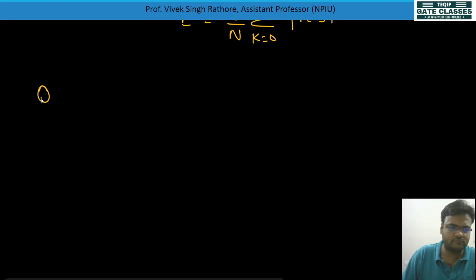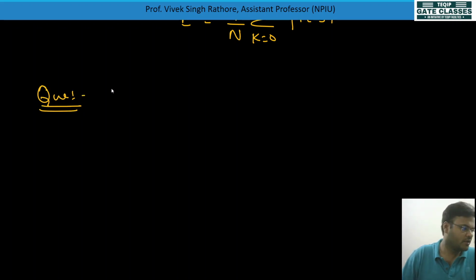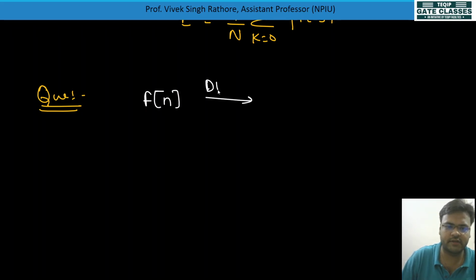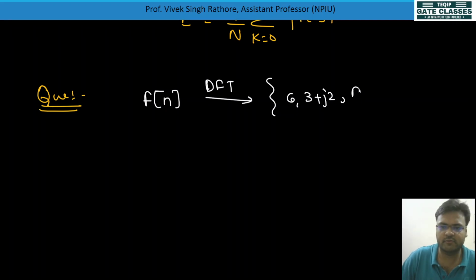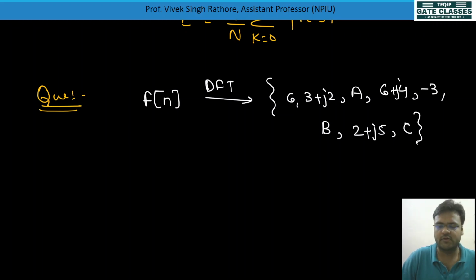See, let's suppose f of n is having a DFT value which is nothing but 6, 3 plus j2, and let's suppose a value is there, and 6 plus j4 value is there, and then minus 3, b value is there, 2 plus j5 value, and c value.